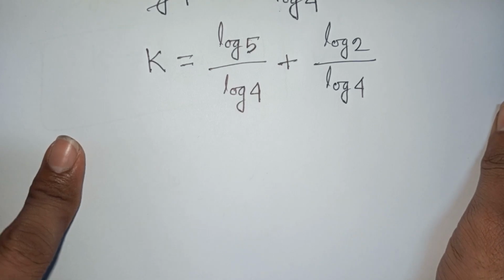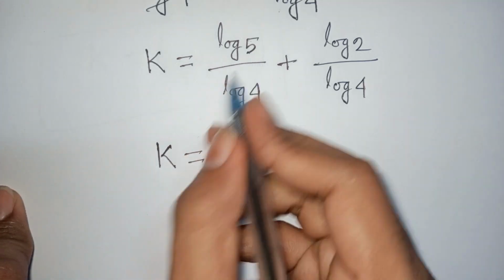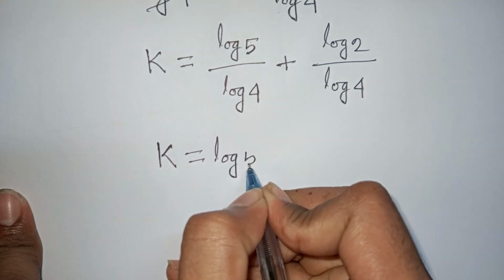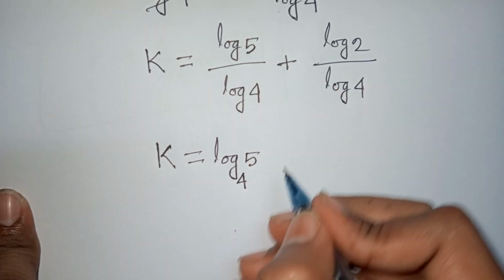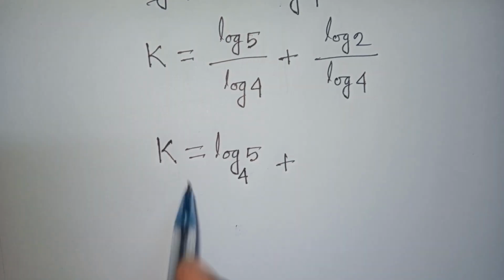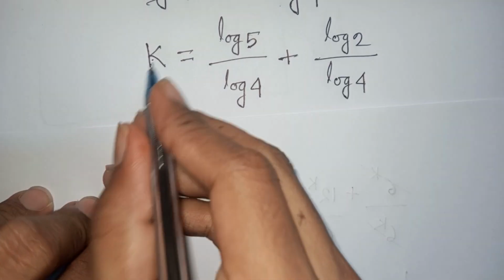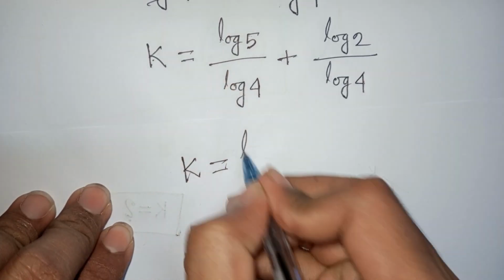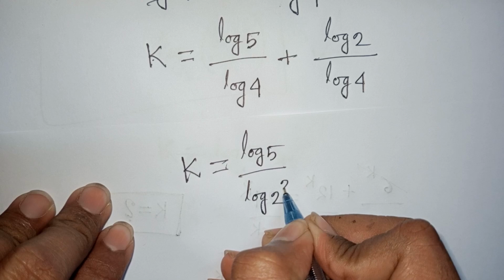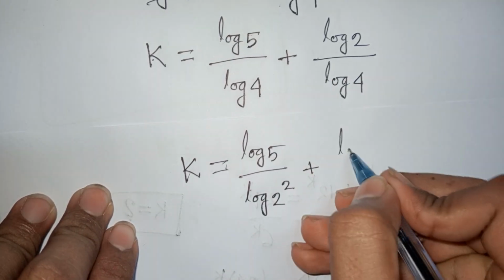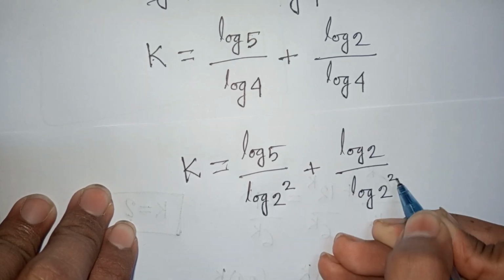Now k will be equal to log 5 divided by log 4, that means it will be log 5 base 4, then plus, sorry for that, k will be equal to log 5 over log 4, which is the same as log 2 power 2, then plus log 2 over log 4, which is the same as log 2 power 2.